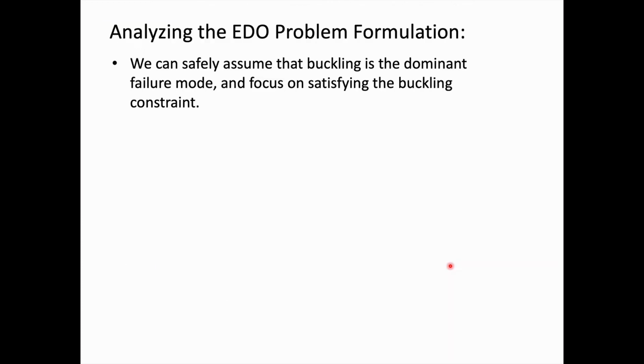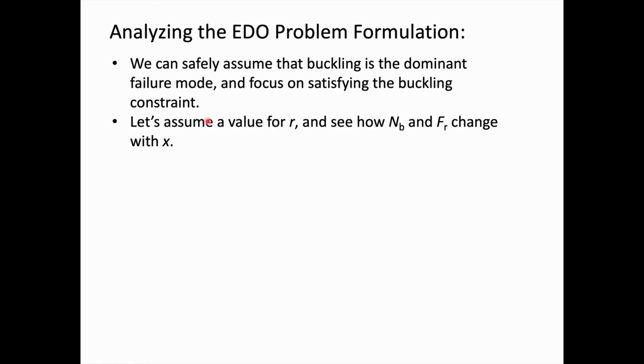We can safely assume that buckling is the dominant failure mode. And with that assumption, we can focus on satisfying the buckling constraint. So if we ignore the yield strength constraint, that simplifies the problem.